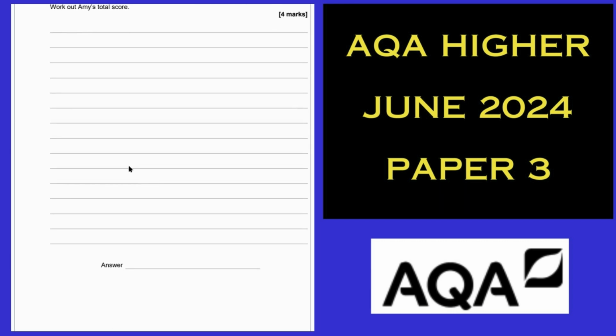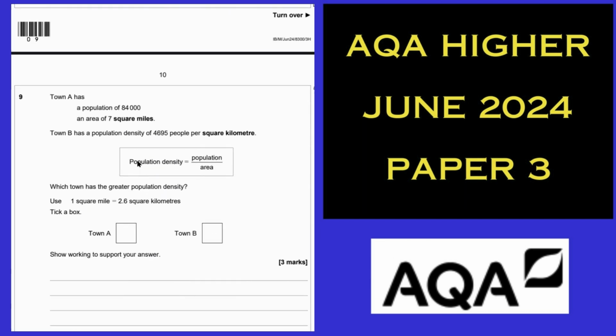So for the final answer, you should have got 8.5 for her mean. That needs timesing by 4. And you should have got 45 for her percentage of the phone vote. And we get 79 is Amy's overall score.